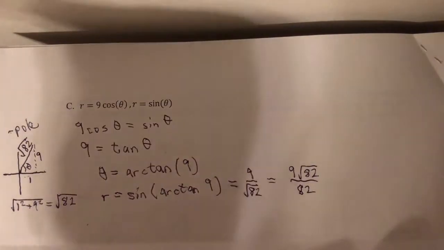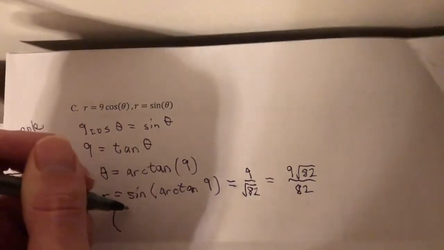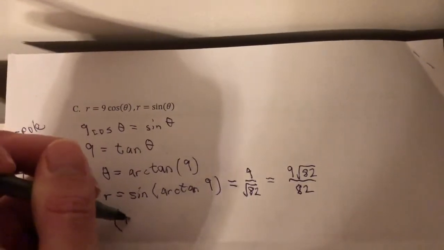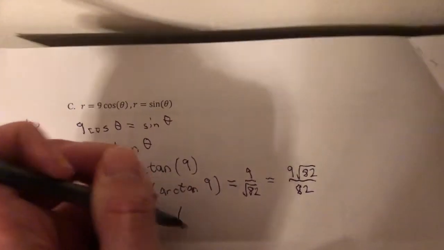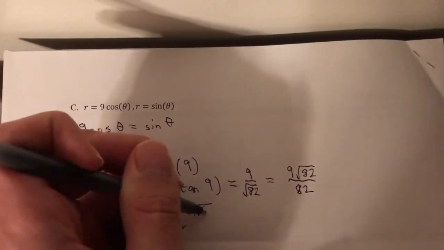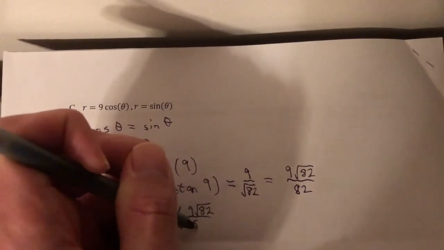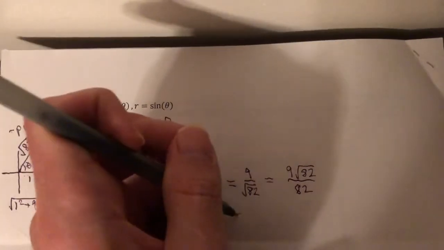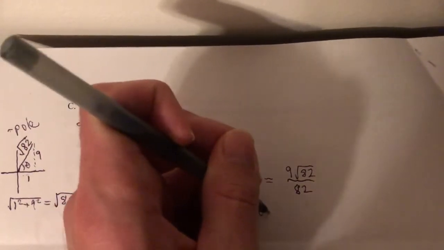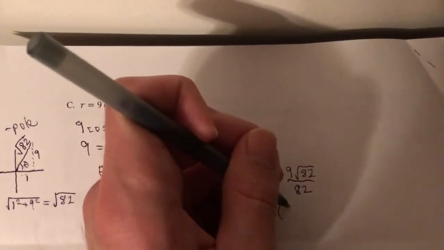So that's going to give me my point in the first quadrant. So my point in polar coordinates, my point of intersection is going to be 9 radical 82 over 82, comma, theta, which is arctangent of 9.